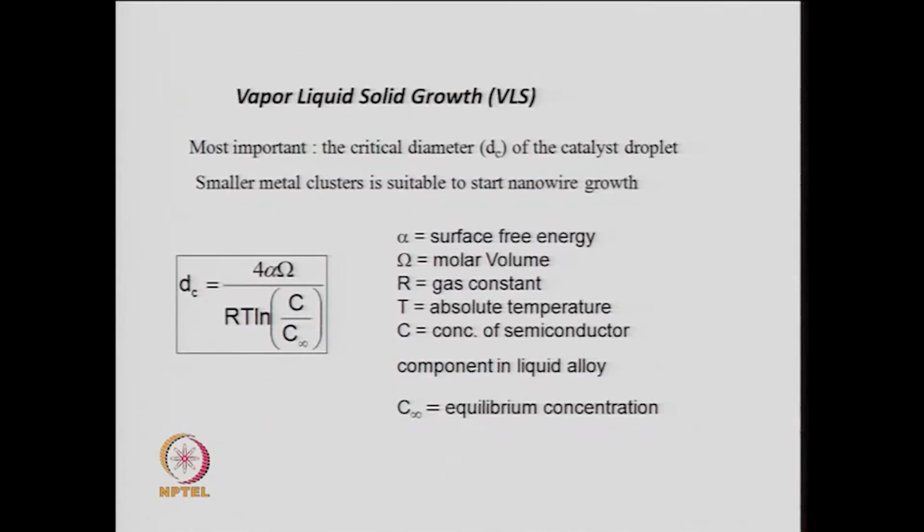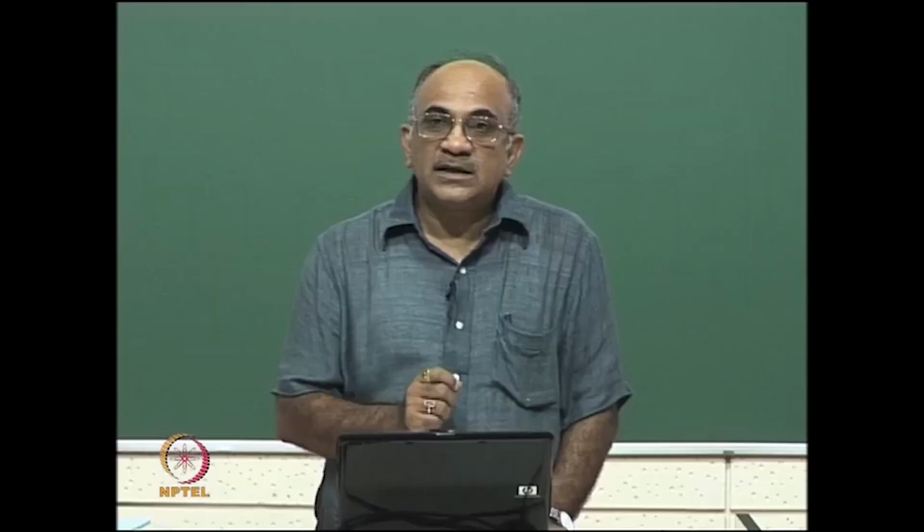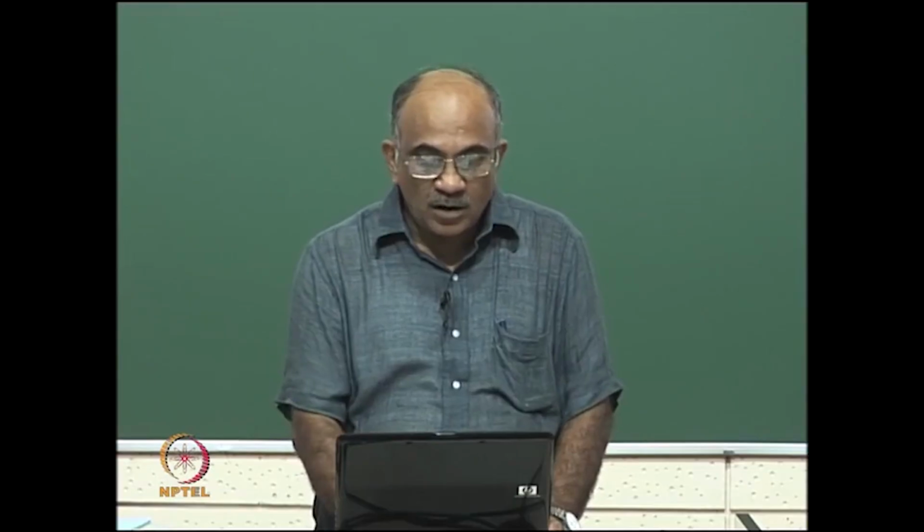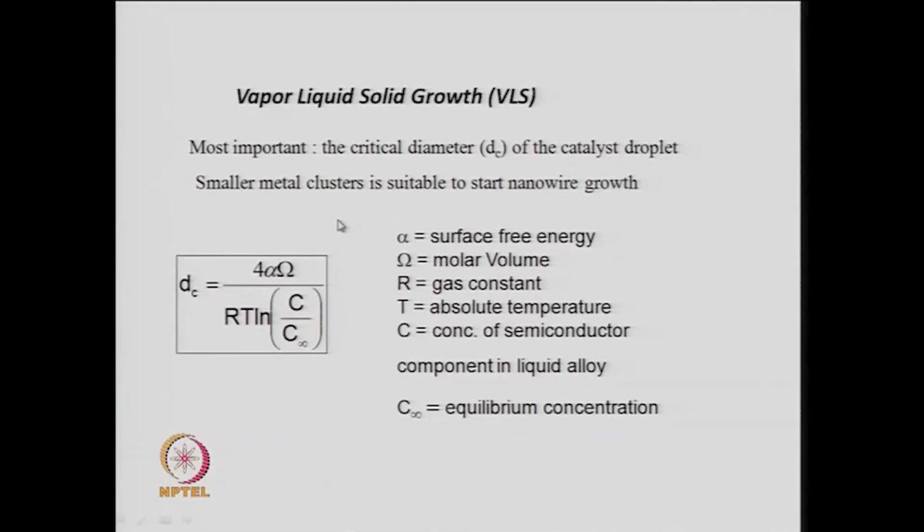Now, typically the diameter of the nanowire is dependent on the diameter of the catalyst droplet, and that is what is shown here. If you can make a small droplet of the catalyst, so, small metal clusters acting as the catalyst, then you can have good nanowire growth.